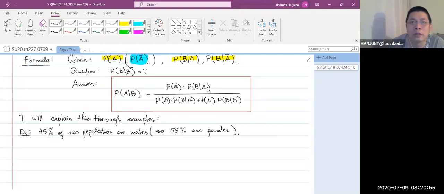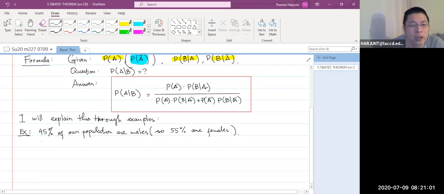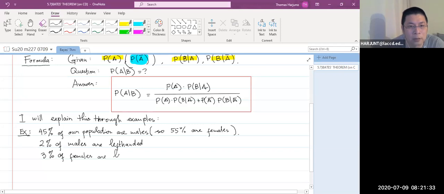Okay, now let's talk about one case about left hand. Let's say 2% of males are left-handed, while 3% of females are left-handed.